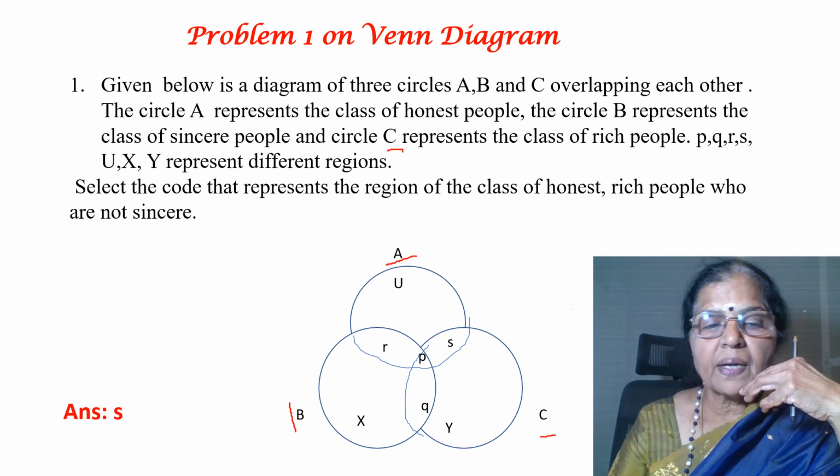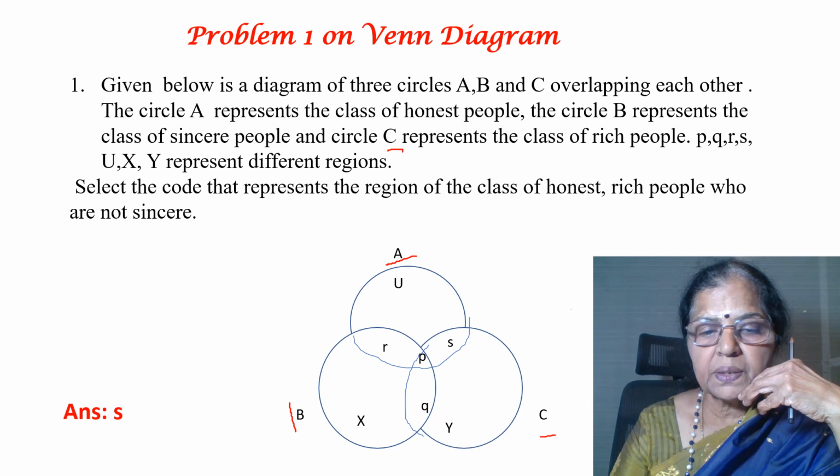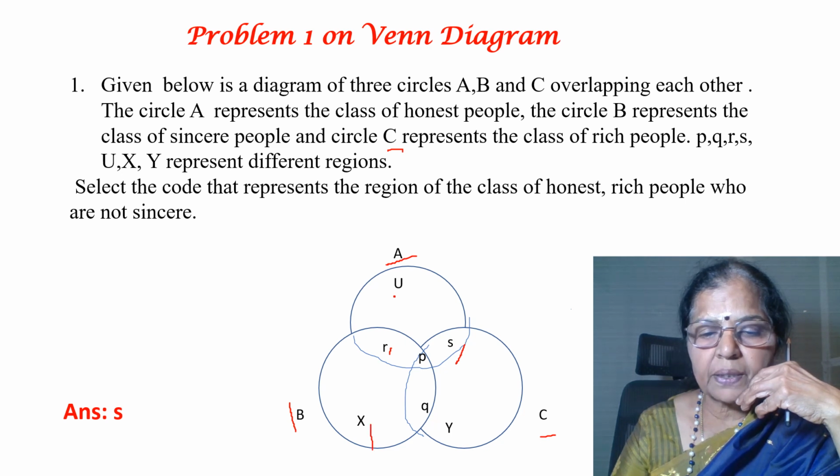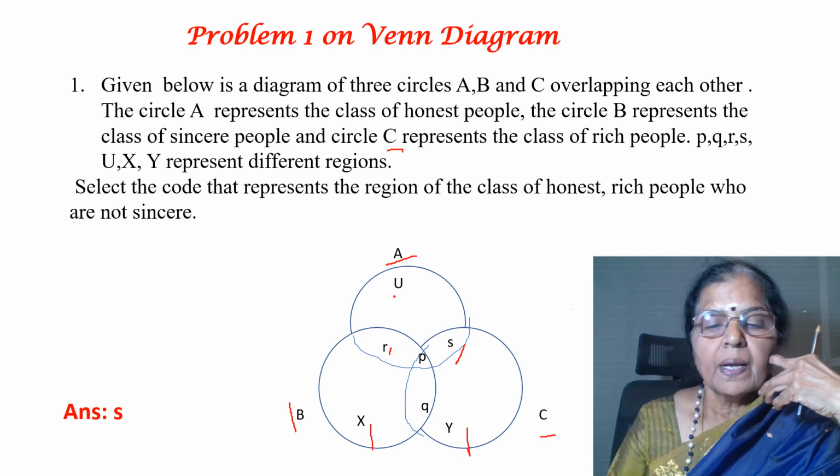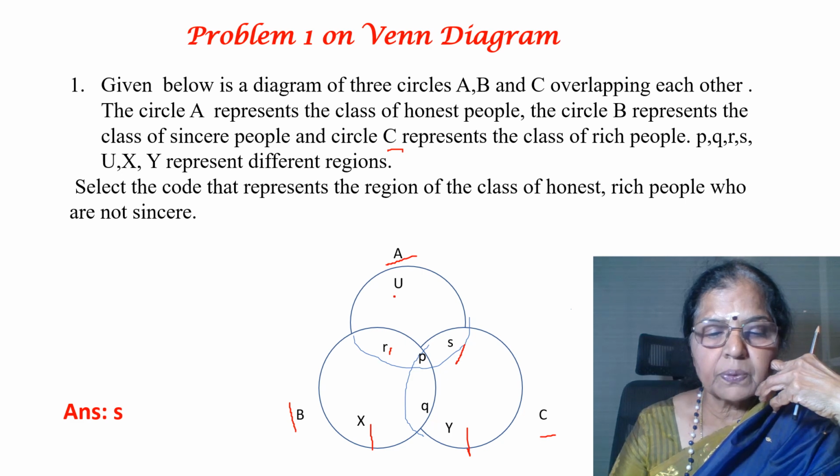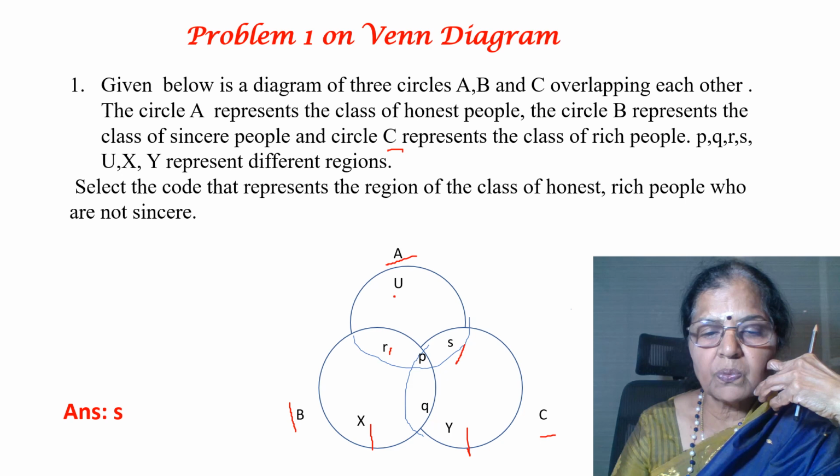Now P, Q, R, S, U, X, Y represent different regions. See, P is here, Q is here, R is here, S is here, and U, X, Y. Here marked. Okay, alright. Now I will remove this because we don't want any confusion. Let me remove all these things.